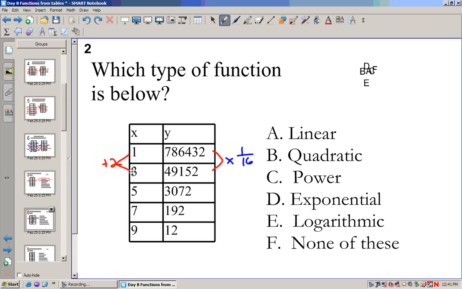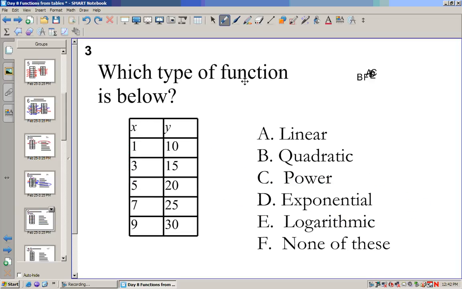Now, if I multiply 1/16 times 49,152, that gets me to the next number, which I add to get to the 5. So I'm multiplying by 1/16 going down, so that's add-multiply. So that's going to be exponential.